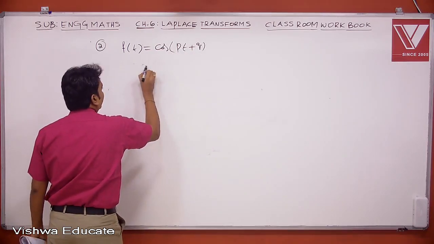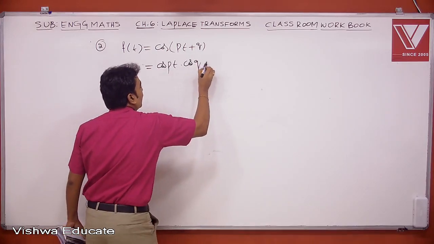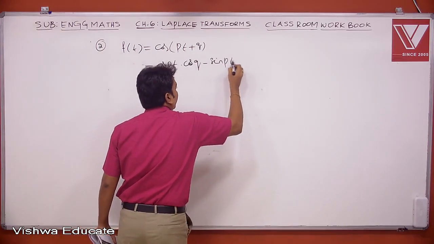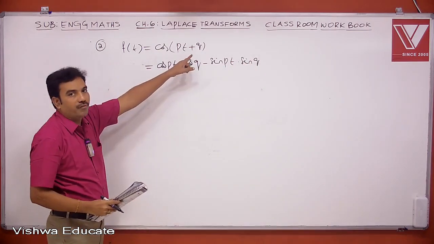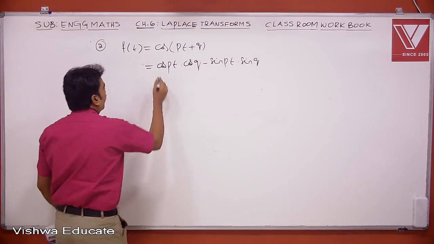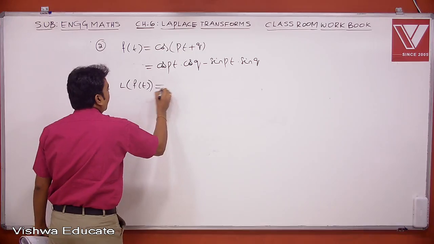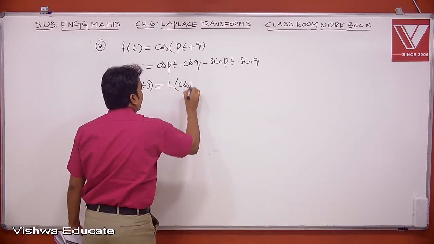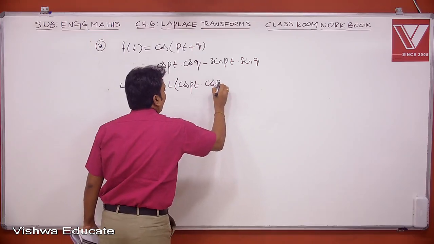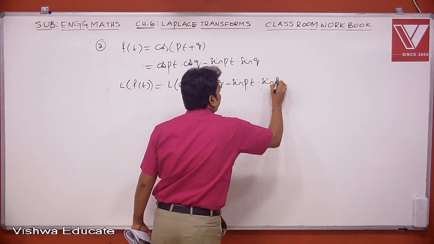So this is actually cos pt into cos q minus sin pt into sin q, just by using the formula of cos of (a plus b). So Laplace of this f of t equals, here q is a constant, p is a constant. So this is Laplace of cos pt into cos q minus sin pt times sin q.